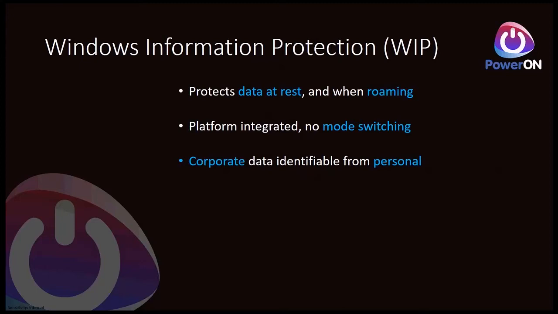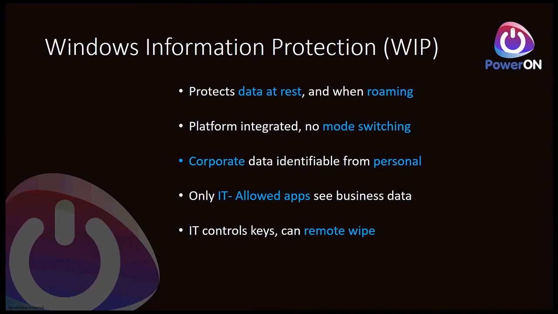So WIP really is designed to prevent data leakage and mark what is corporate and personal data. The corporate data remains identifiable and separated from the personal data. So this is done through the encryption technology built in. So only IT allowed applications that you define in the policy can actually see that data.